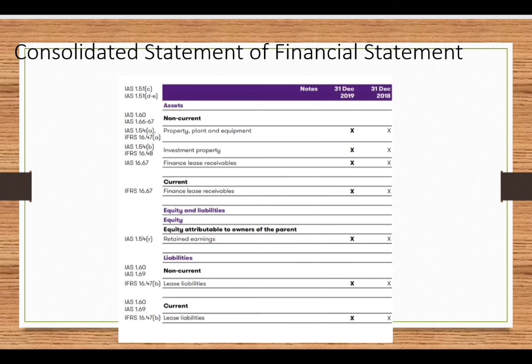And the placement of lease liability could be under non-current and current liabilities. So this is an example of placement of the elements under the statement, which could be a good example if you want to have a look, to make a reference.